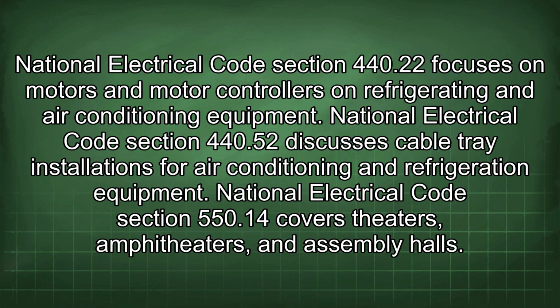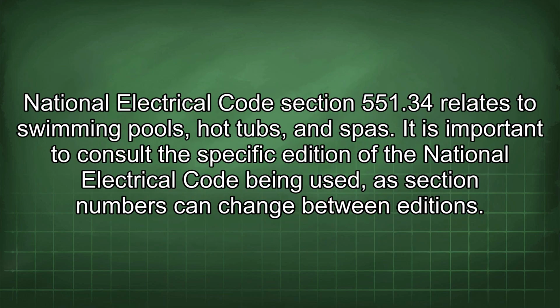Section 440.52 discusses cable tray installations for air conditioning and refrigeration equipment. Section 550.14 covers theaters, amphitheaters, and assembly halls. Section 551.34 relates to swimming pools, hot tubs, and spas.